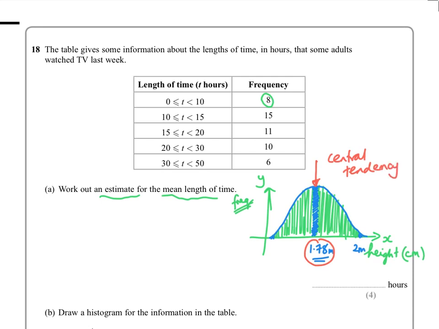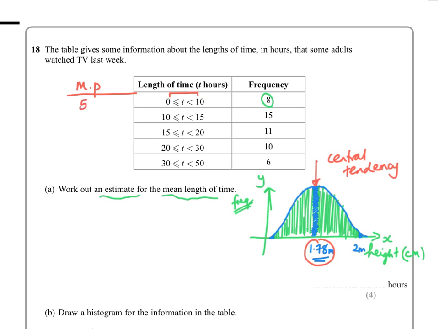So when faced with a problem like this, I like to have that diagram in mind and think, okay, I want to be looking at the midpoint. So if you had another column here, the midpoint, and the midpoint between two numbers is always if you add the two extremes up. So if you add 0 and 10 together and do the average of them, so 0 and 10 is 10, halved is 5.